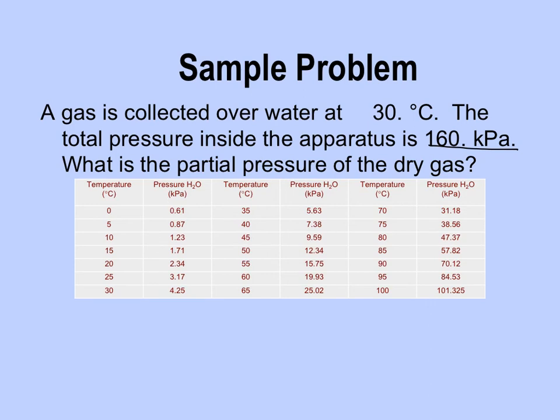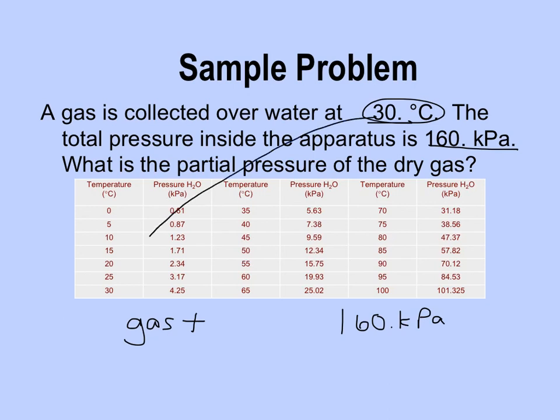Well, we're going to have to take the total pressure, which is 160 kPa. We don't know the pressure of the gas, but we can calculate the water pressure. We're going to find 30 degrees Celsius on our chart. So we're going to follow over to here, and you'll notice at 30 degrees Celsius, the water vapor exerts a pressure of 4.25 kPa.